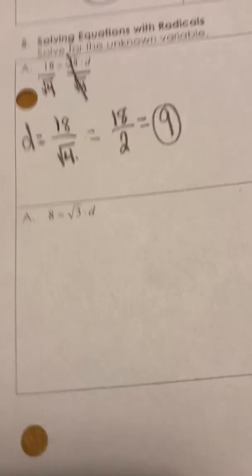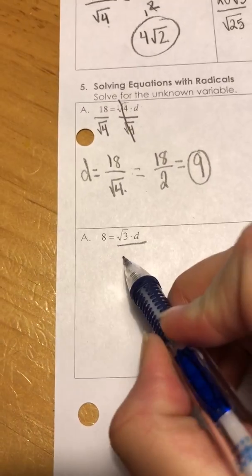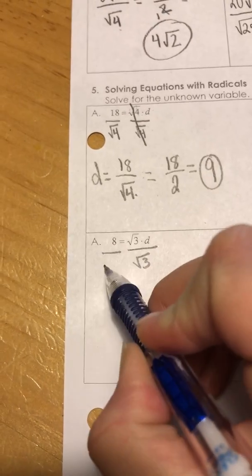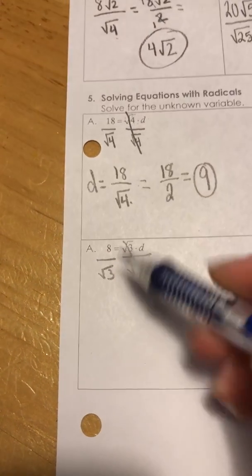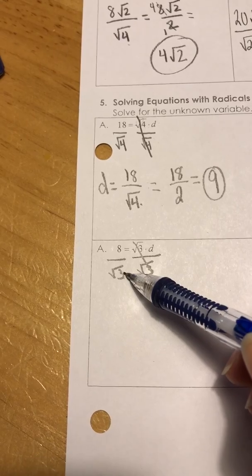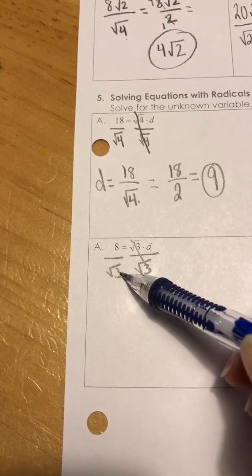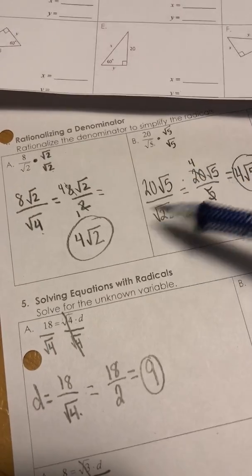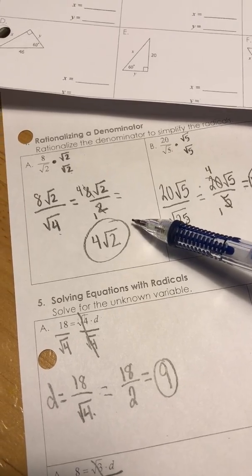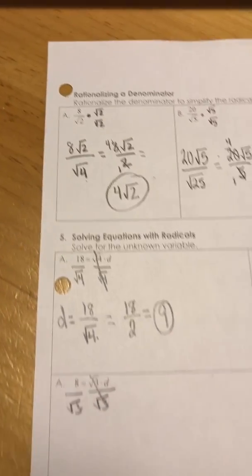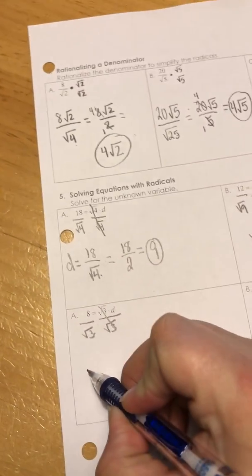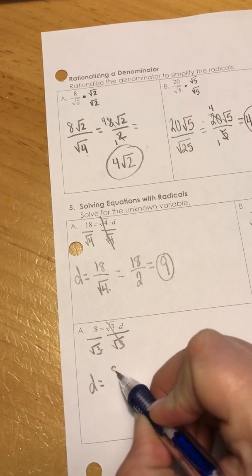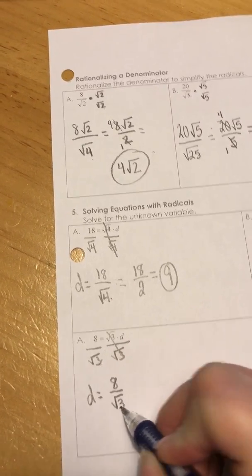Okay, the last type, we divide by the square root of 3. And we know that we cannot have this irrational number down here. This is not a perfect square. So we must do this that we just learned. So our answer looks like this.